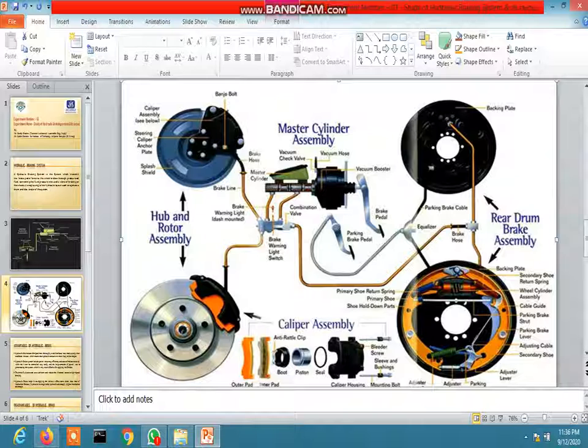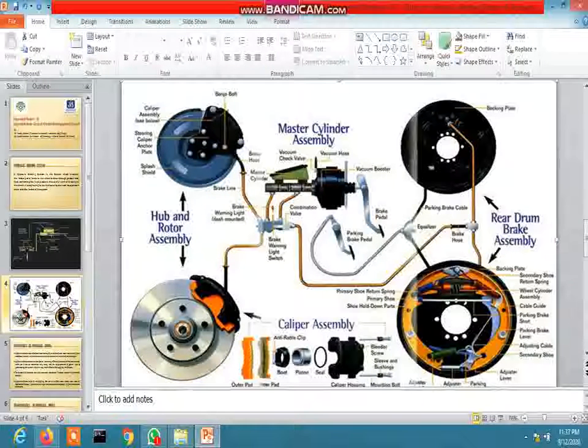So brake fluid must meet the standards that are set by the Department of Transport, that is DOT. Its current standard is DOT 3.